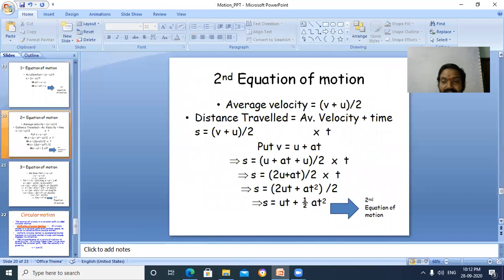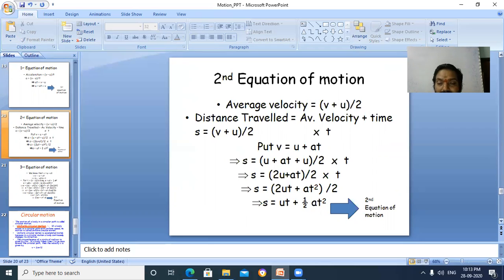The second equation of motion is a relation or function between distance and, of course, acceleration, initial velocity and time. Knowing that average velocity is v plus u by 2, and distance traveled is average velocity into time, to obtain the distance traveled we calculate in this method. Initially we calculate the distance traveled due to initial velocity and then due to a change in velocity, that is acceleration.